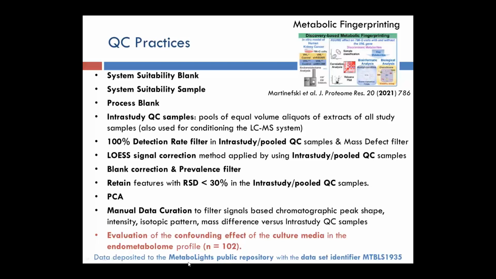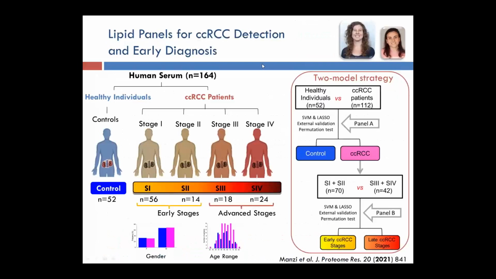Again, the data was deposited to the Metabolomics public repository and can be found with this dataset identifier. The third study that was conducted to investigate clear cell renal cell carcinoma comprised lipidomics and a machine learning strategy and was led mainly by Dr. Malena Manzi, who was also a former postdoc and now is a research assistant in my group, with my supervision, and also in collaboration with Dr. Elena Knott.